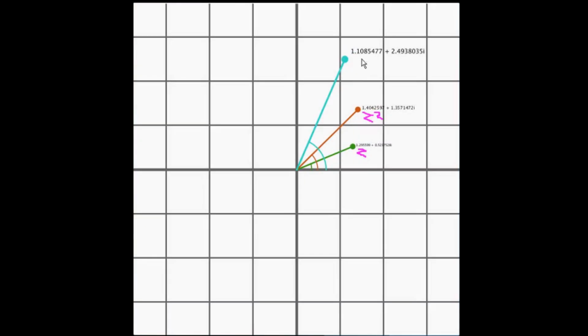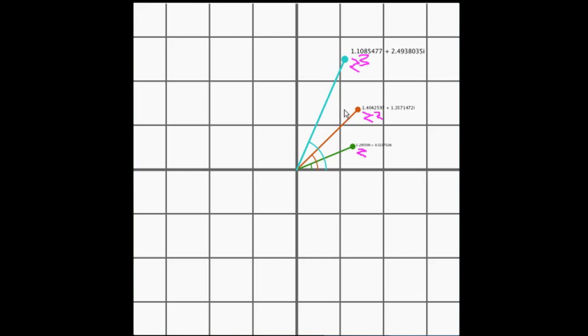Let's just pick a random point, select it twice, and multiply it by itself. So if we call this number z, and by the way, if you see a variable called z, it's generally implied that that will be a complex variable. Well, if we multiply z by z, then we're going to get z squared. And if we multiply z and z squared, then we're going to get z cubed.